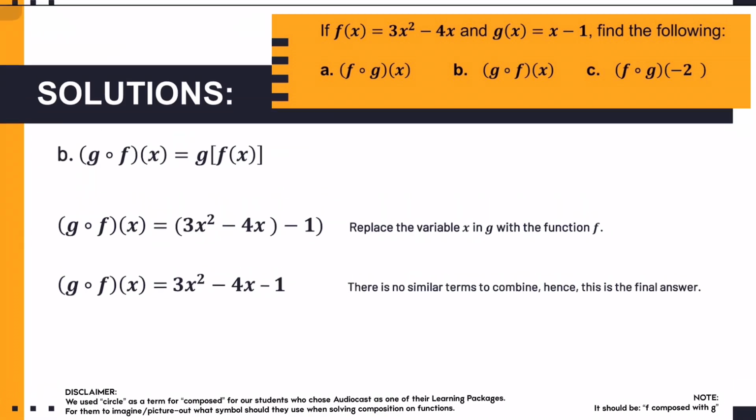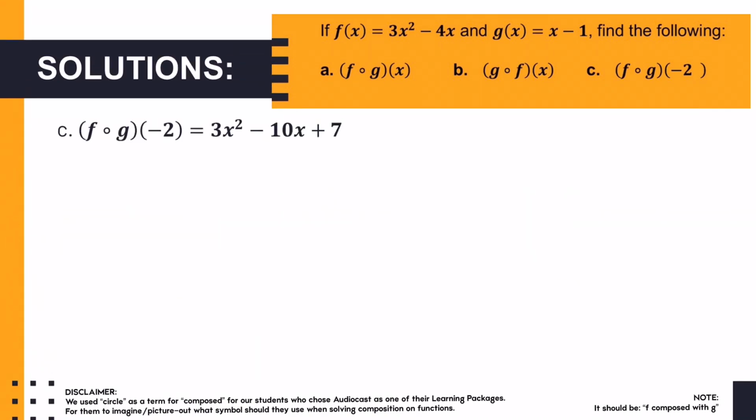Let's have example C. F circle g of negative 2. Based on example A, we already solved for the composite function of f composed with g of x, which is 3x squared minus 10x plus 7.